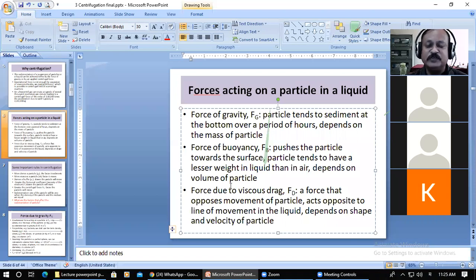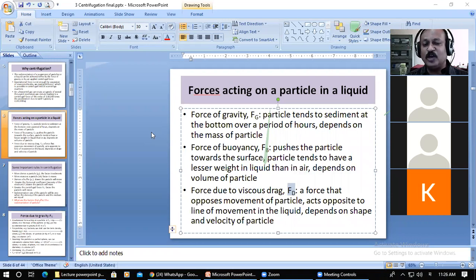And the third force which a particle in a liquid will experience is called the viscous drag, also denoted by FD. D stands for drag. This is the force which will oppose the movement of the particle. Once the particle starts moving down in a liquid, it will experience a force acting in the opposite direction.